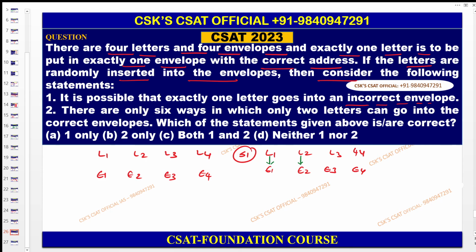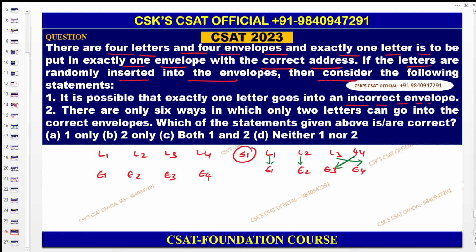They are saying it is possible that exactly one letter goes into an incorrect envelope. One letter. No. Try to understand. This can go here, this can go here. You can't say exactly one letter goes into the incorrect envelope here. Two letters also can go into an incorrect envelope. Getting?